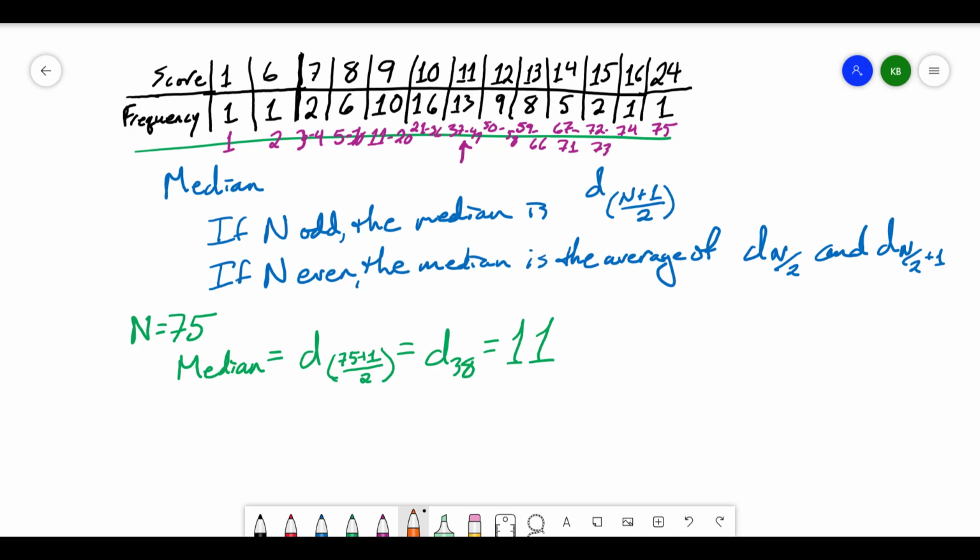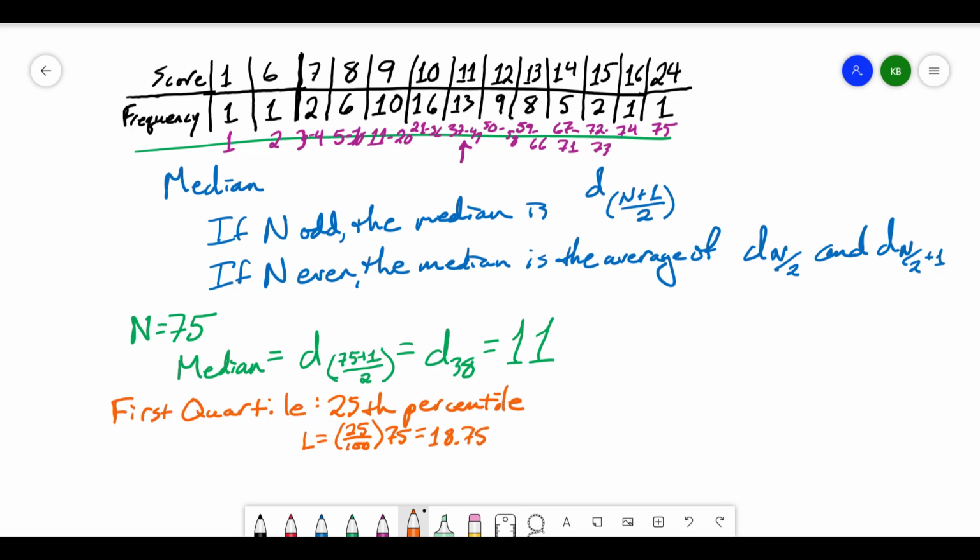Now, the same way the median is the 50th percentile, we're going to have a thing called the first quartile. And the first quartile is the 25th percentile. So if we wanted to know what the first quartile of this data set is, we would be looking for the locator at 25 divided by 100 times 75, which equals 18.75.